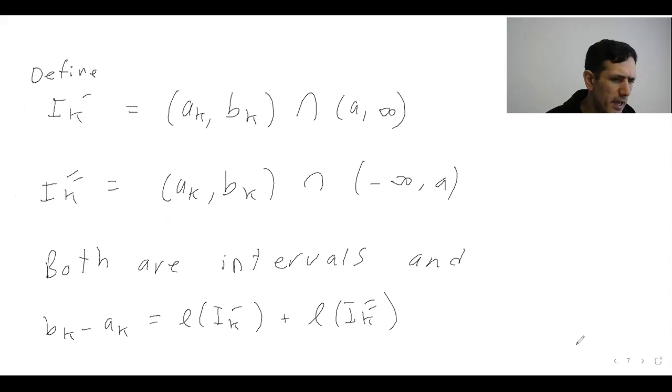And I_k second prime is the interval intersect (minus infinity, A), everything less than A. So that's just going to be the left half, or the left portion of what I had. Pardon me for a second.